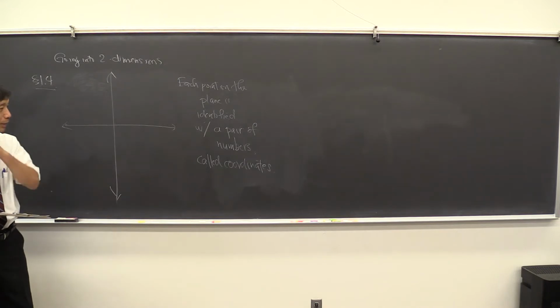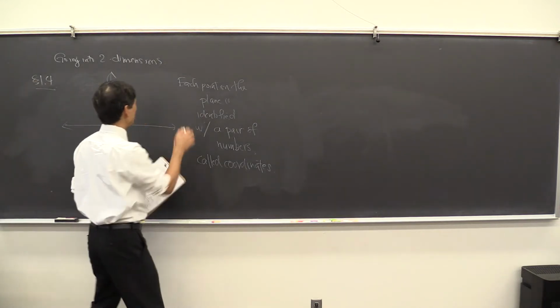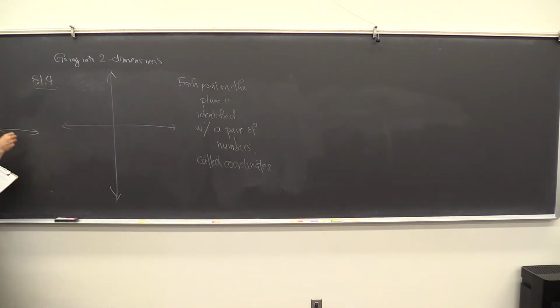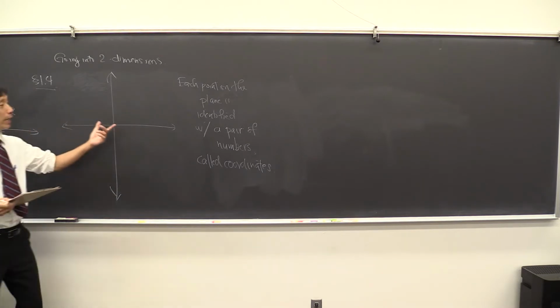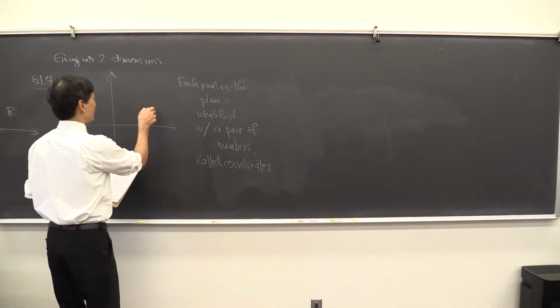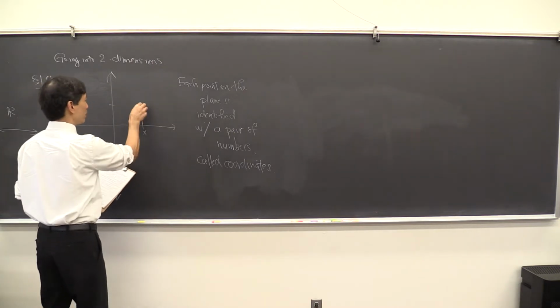Right, you may know a little bit of the history. This idea: just like how we identify the real numbers with the number line, we identify pairs of numbers with the plane, right? So every point in here is associated with some pair of numbers, right?